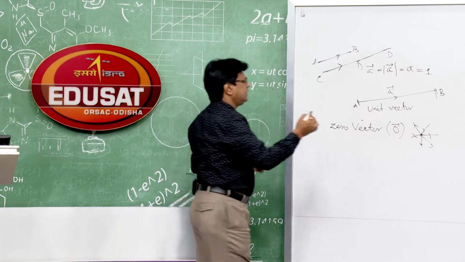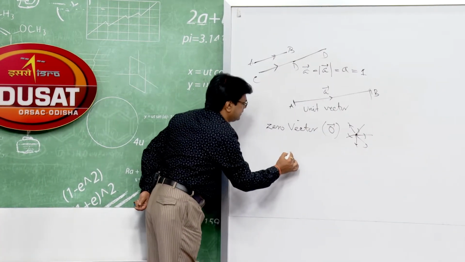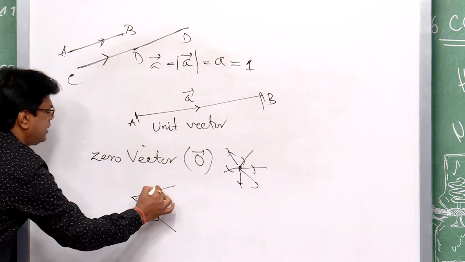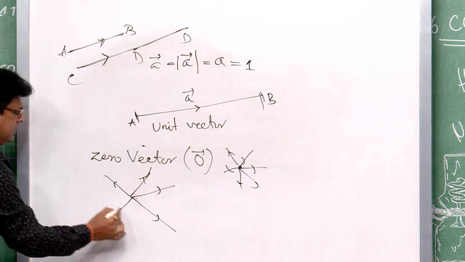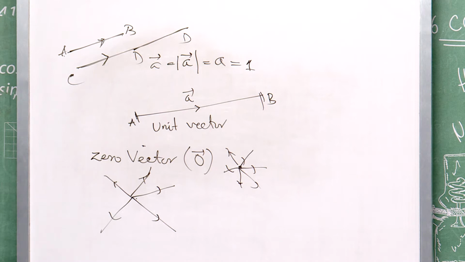Next is the co-initial vector, where the initial point is the same. Vectors having the same initial point are called co-initial vectors.